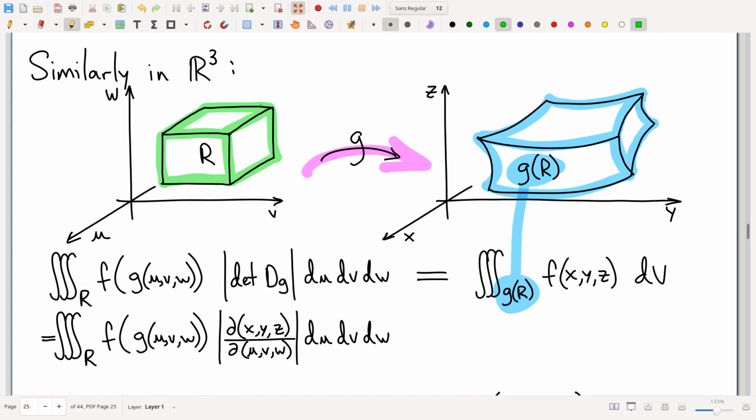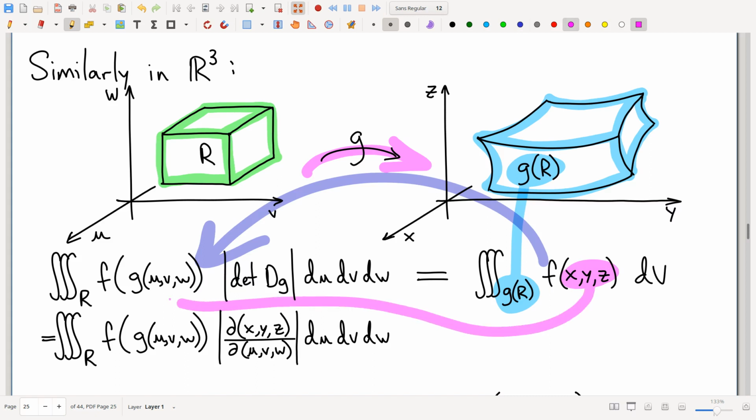Gotta love it. So that's the thing. If in fact you can view your ugly domain as being the image of a nice domain, then you can make the same pullback argument that we made in 2 dimensions. It's really mostly just a matter of plugging stuff in. Literally notice, in fact, x, y, and z are g of u, v, w.